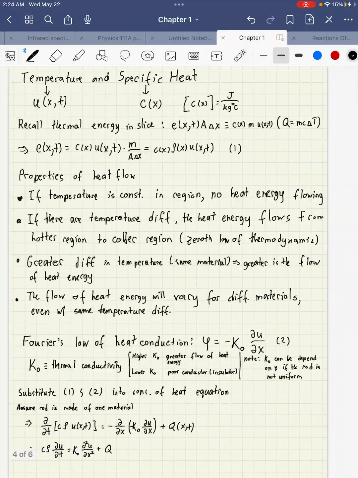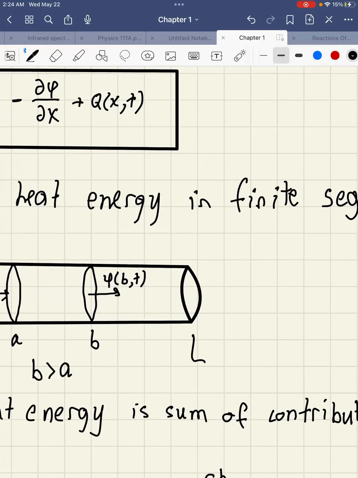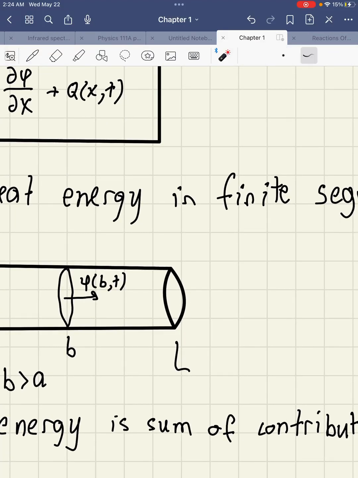At this position, the heat is transferring from the rod to the air, so our heat flux is moving to the right. The temperature as it goes to the right should decrease, so our partial u with respect to x is negative.